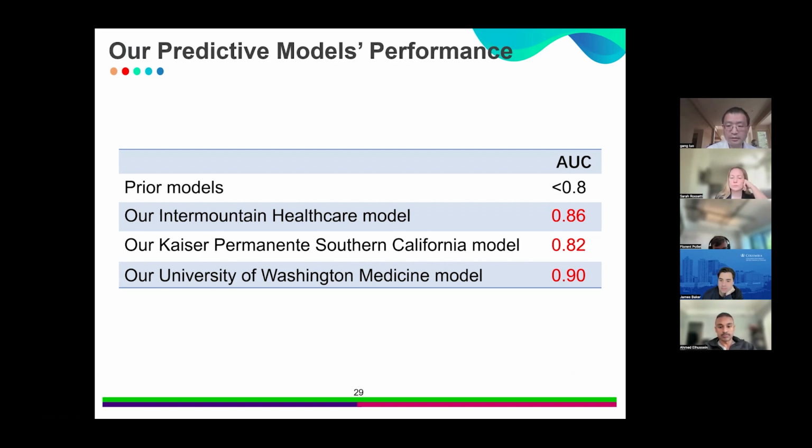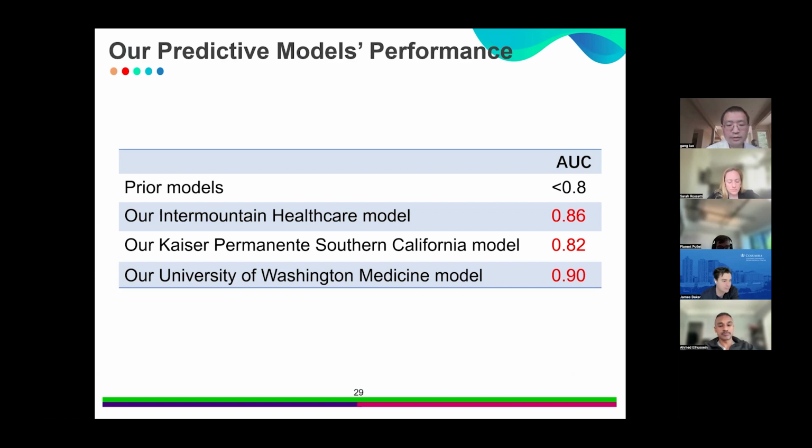There we get an AUC of 0.86, which is at least 7% or more improvement compared to the previous model. At Kaiser Permanente Southern California, our AUC is 0.82, which is at least 3% or more improvement. And at the University of Washington Medicine, our AUC is 0.9, which is at least 11% improvement.